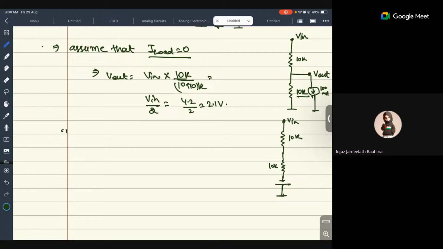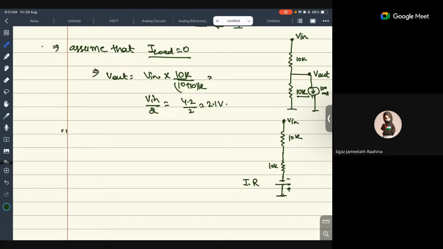The current is going downward, so the direction is negative connected with 10K and positive connected with ground. What is the voltage of this voltage source? That is I multiplied by R. You already discussed how we convert a current source into a voltage source: a current source connected in parallel with a resistance is equivalent to a voltage source connected in series. I am just using the source transformation.